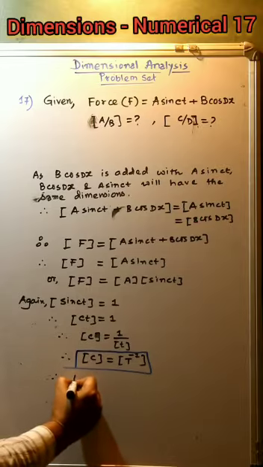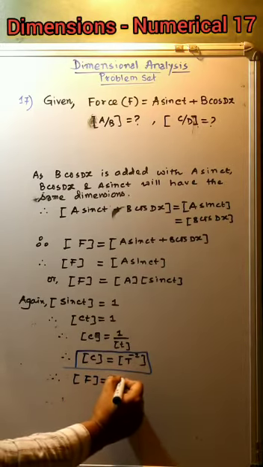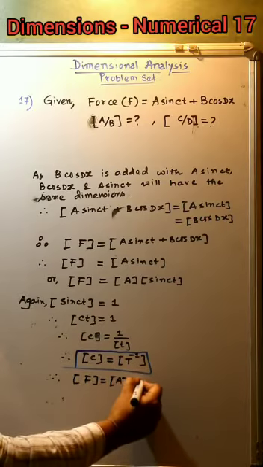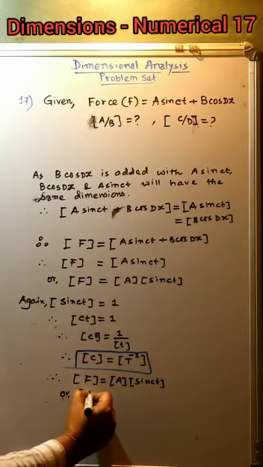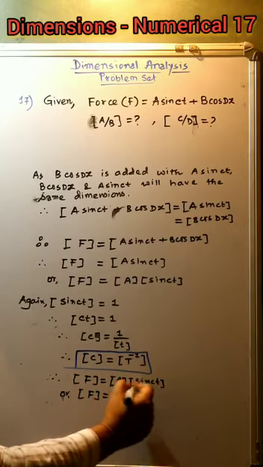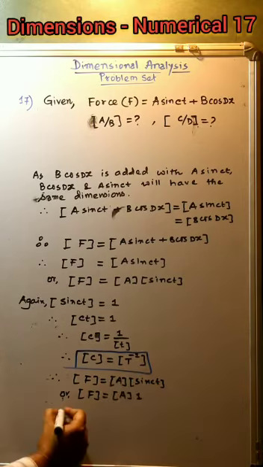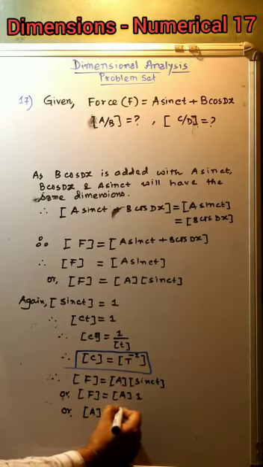Therefore, what about the dimension of force? Dimension of force is only the dimension of A, since sin ct has no dimension, that means 1. So dimension of A is equal to dimension of force.